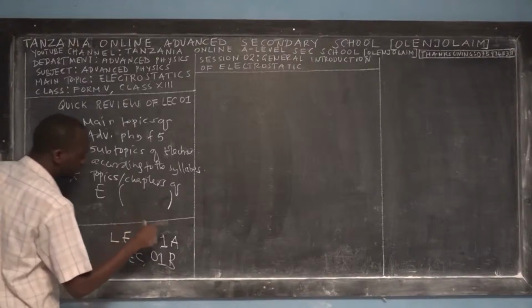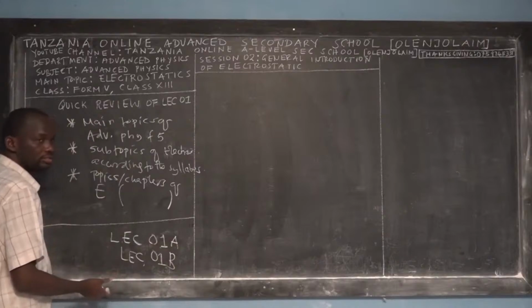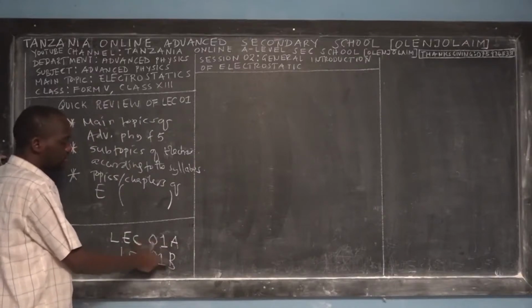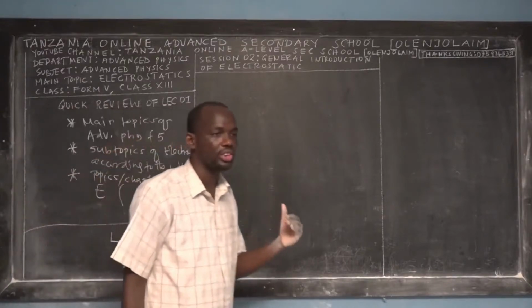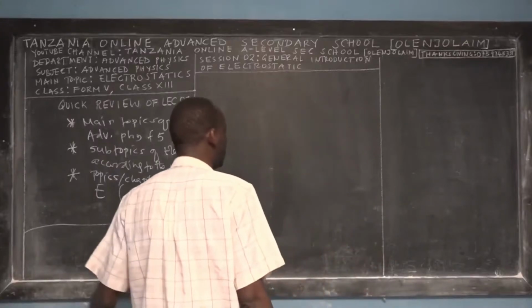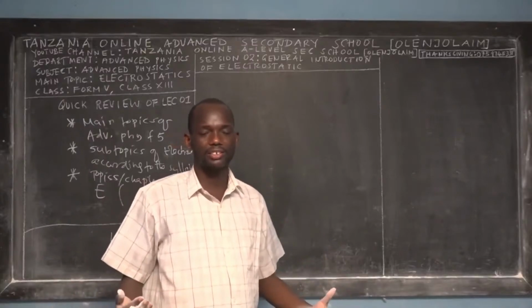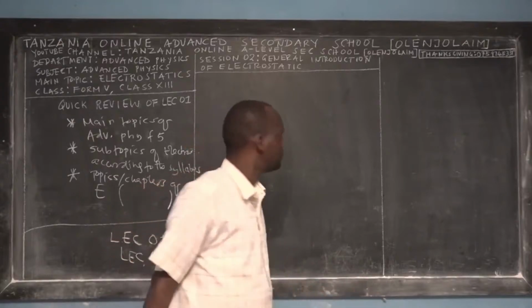When you finish lecture 1A, don't go to lecture 2A, because you've skipped something. In every lecture, I have a final conclusion indicating that I am about to finish, and I tell you that this is the end of the lecture. If I didn't say that, it means there's a continuation of that lecture.